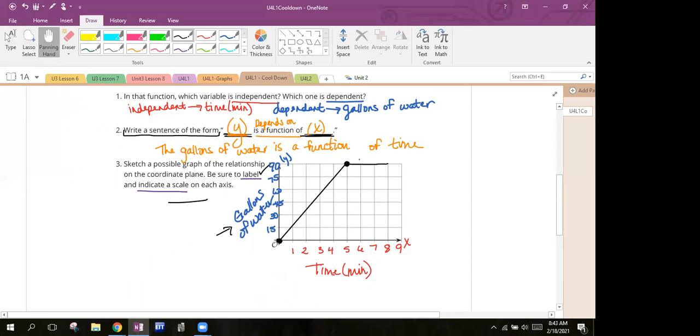It's just going to be a straight line right across for how many minutes? 3 more. 1, 2, 3 minutes, and then we stop. And there is our function.